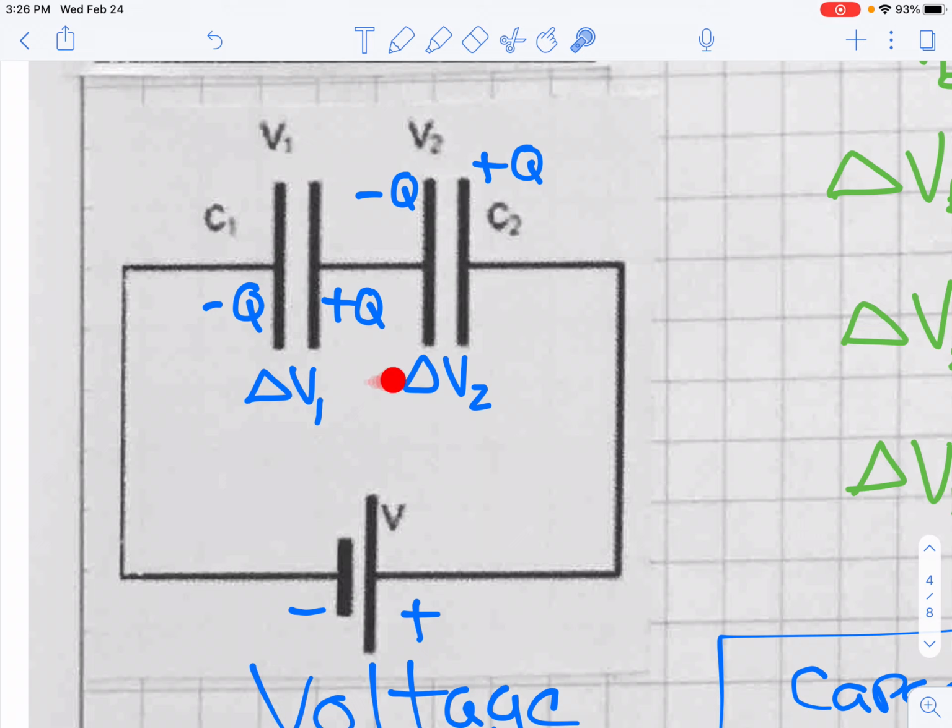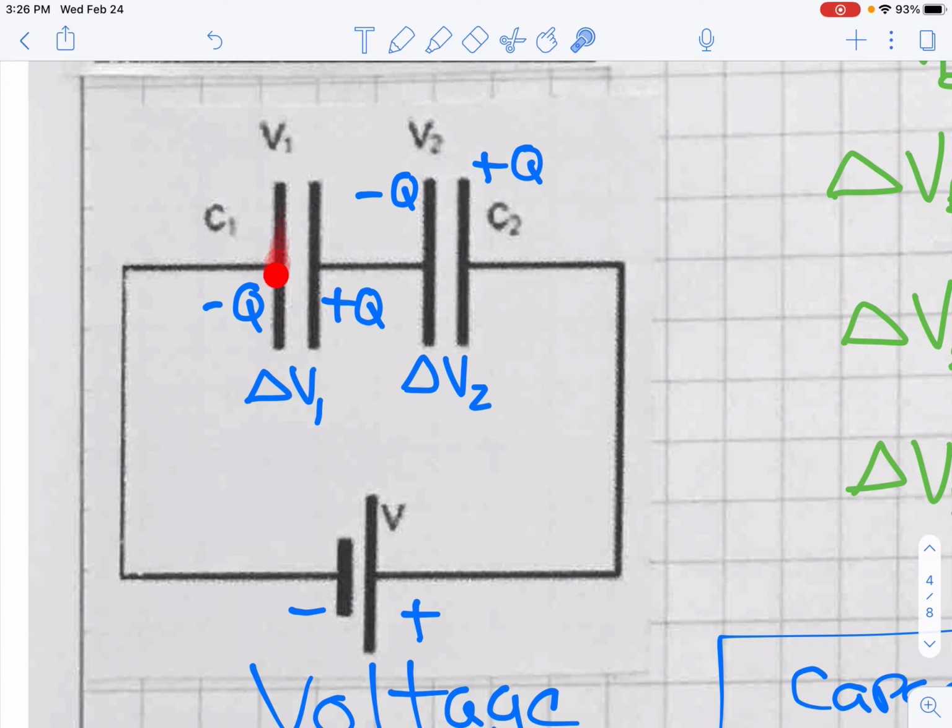Take a look at these plates in the middle. This is a gap of air. This is a gap of air. This is really a break in the circuit. And if you start with uncharged capacitors, then this middle section has no charge to begin with, and it will have no charge to end with.